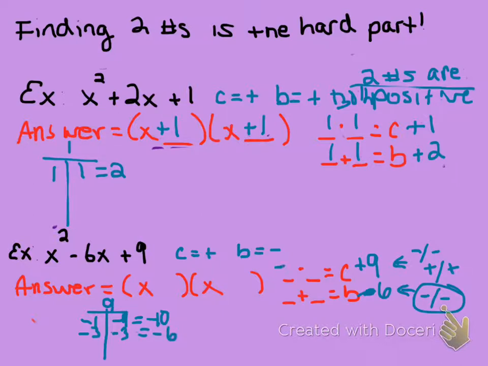So my two numbers are negative 3 and negative 3. So I know that my answer is x minus 3 times x minus 3. If you multiply that out, you get x squared minus 3x minus 3x plus 9. Combine your like terms and you get x squared minus 6x plus 9.